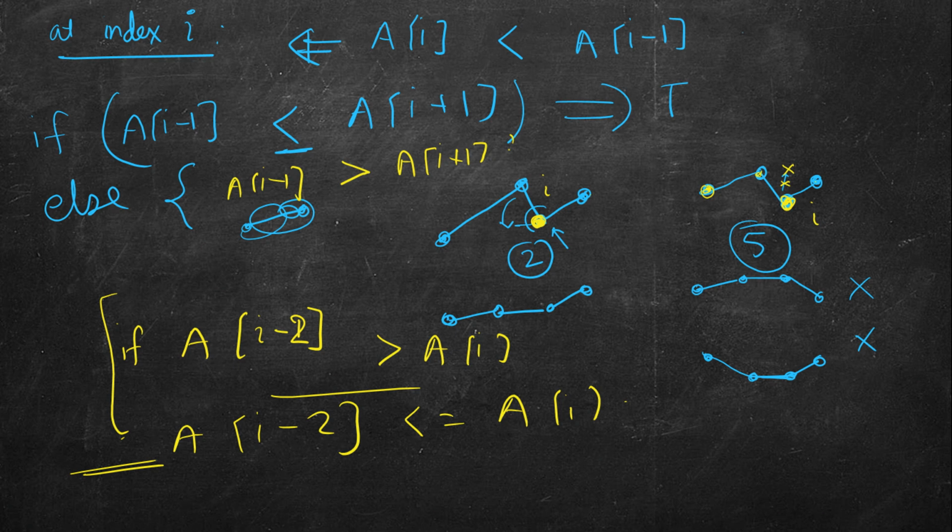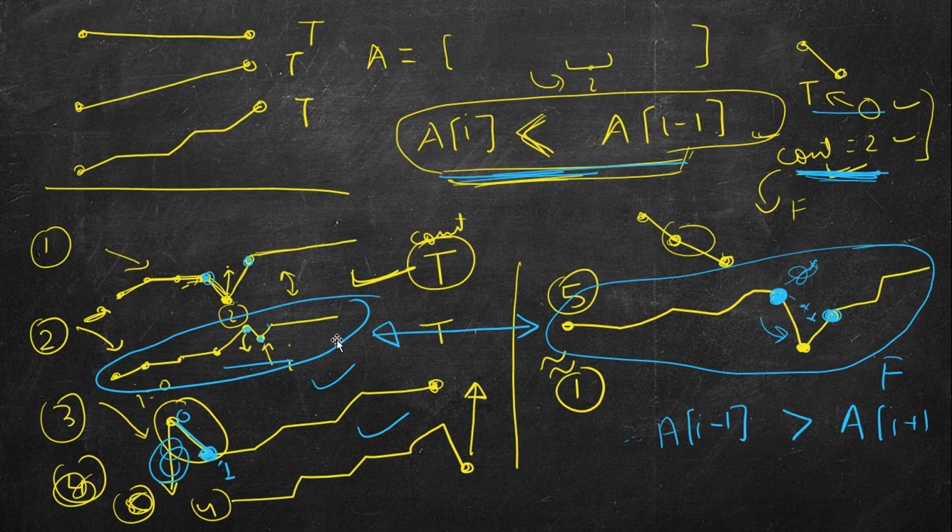And finally we handle this case, this 2 and 5 cases, case 2 and case 5. So this case is already true, so we don't need to handle it. In the end we will return true from the function.